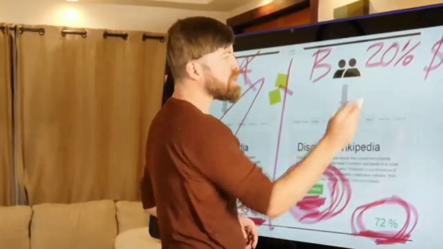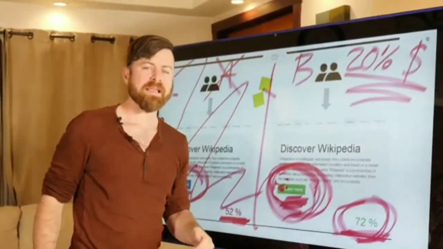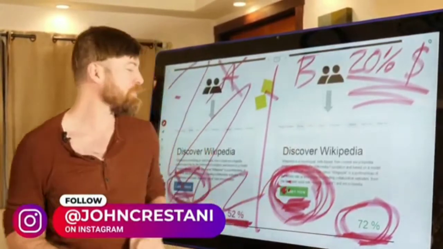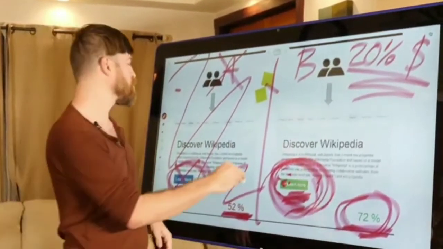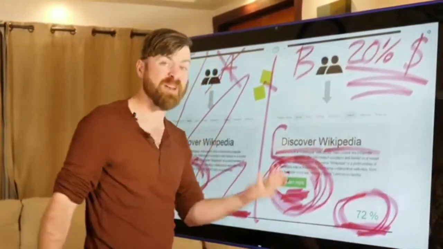Wikipedia, just by changing the color of their button, received 20% more money. Now, if you could receive $100 or $120 simply by changing a color on a button, imagine how many more gains you could get by changing the headline. Instead of saying discover Wikipedia, maybe there's a better way of phrasing that.